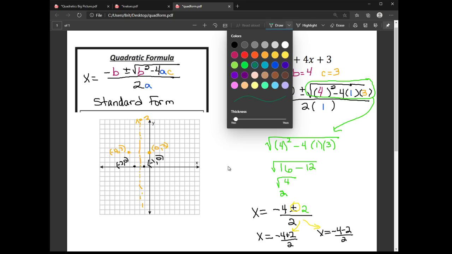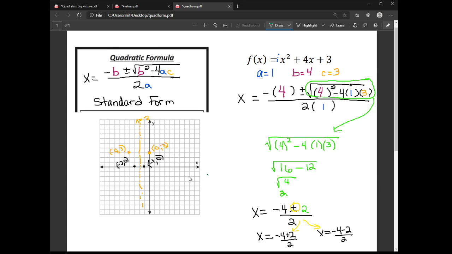I'll go ahead and do that so I can finish my drawing. So f of negative 2 is negative 2 squared plus 4 times negative 2 plus 3.